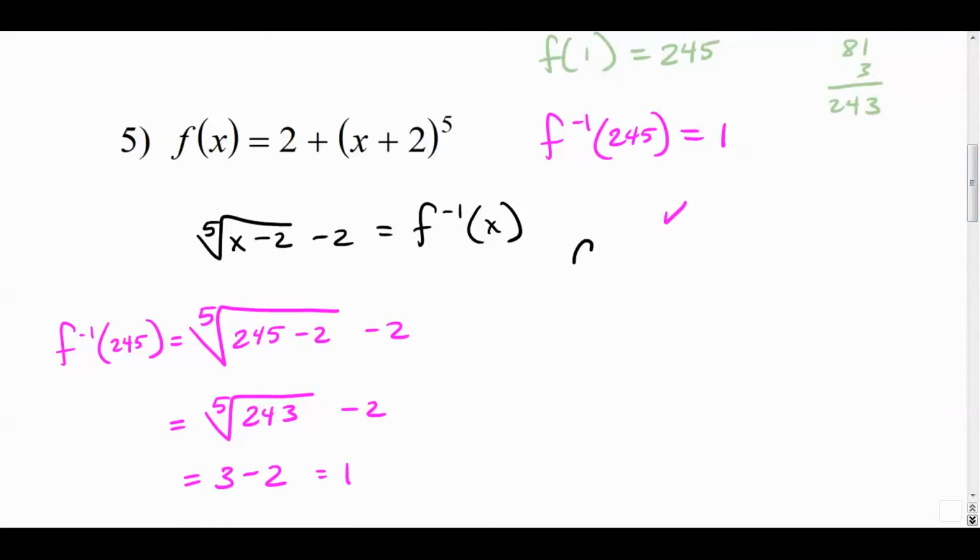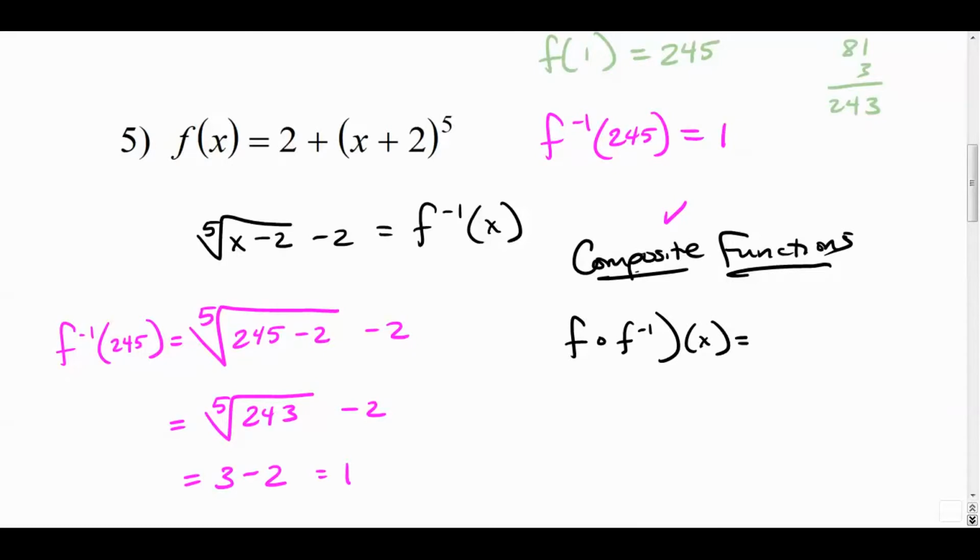The other way to do that is to work with composite functions. We're going to compose f with its inverse. When you compose a function with its inverse, you always get the same thing, and the other way should be true as well.